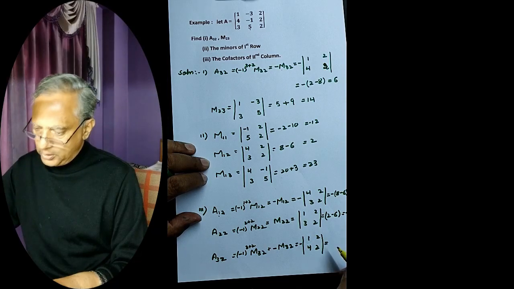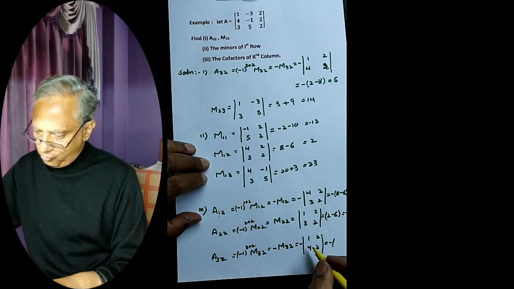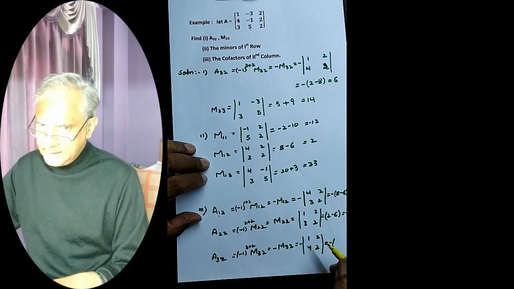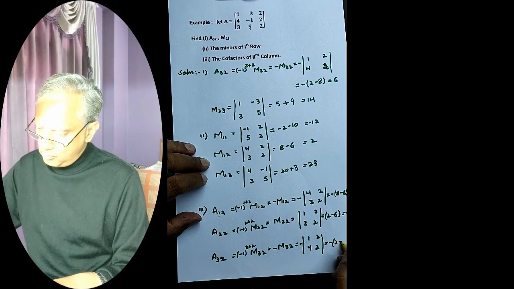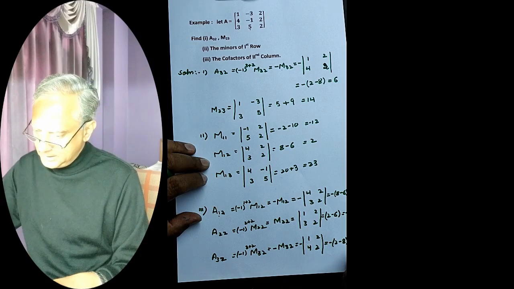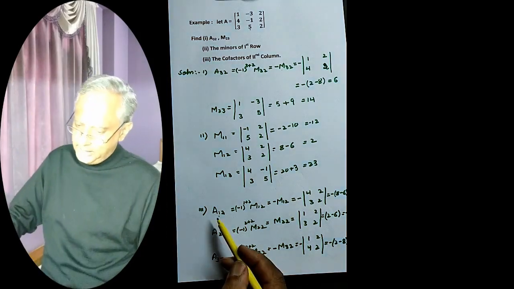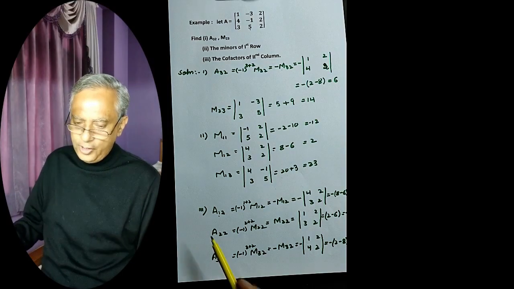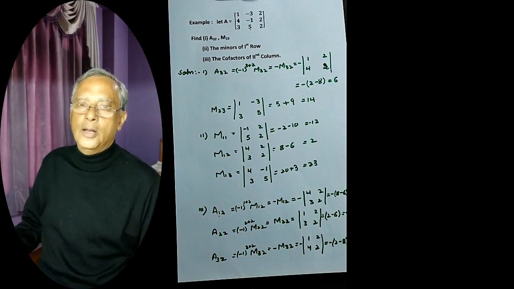And this is equal to minus of 2 minus 8, so this is equal to minus minus plus plus 6. So these are the cofactors of the second column.